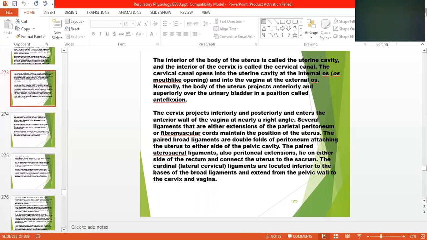If these ligaments, during delivery or with age, get weaker and weaker because of the weight of the uterus, sometimes it has an effect on the female, and we call it prolapse, where the external os of the uterus, the cervix, comes out from the vagina. It can happen during delivery also, or because of weakness of those ligaments.